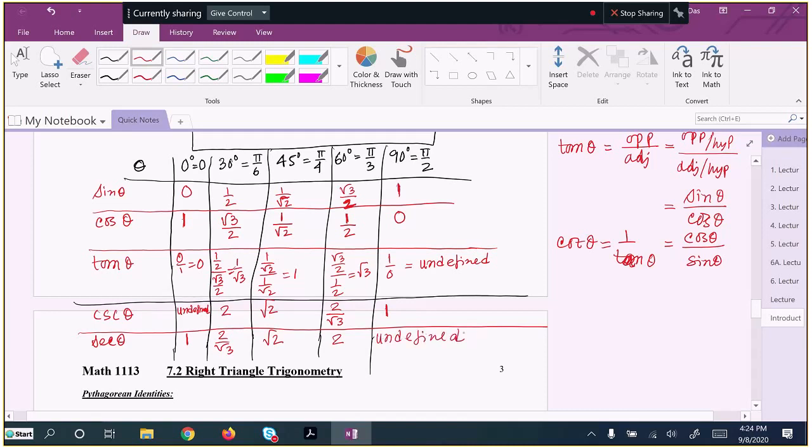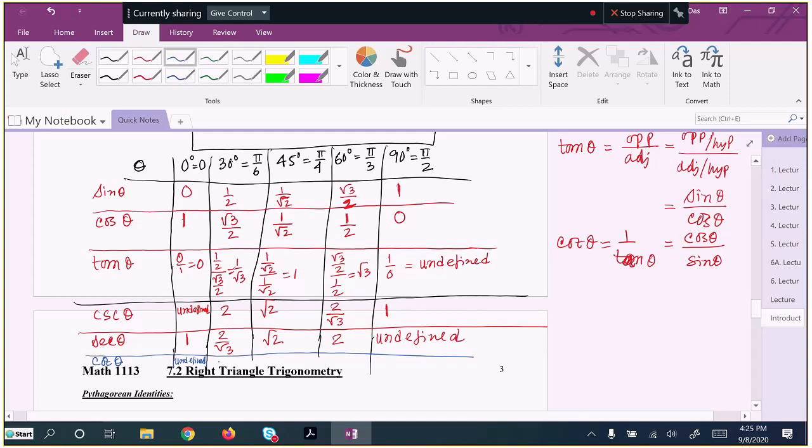And remember, I have one more to do now, and that is the cotangent one. So I'm going to try to fit it in here. Cotangent of theta will be the reciprocal of tangent. So tangent was 0. Reciprocal of 0 is again undefined. Tangent of 30 degrees is 1 over square root of 3.